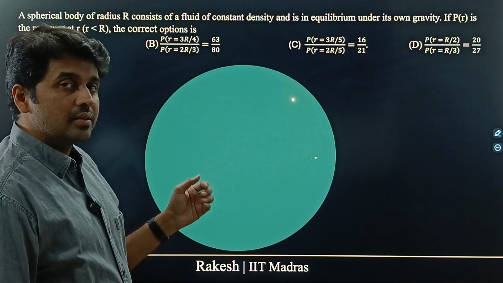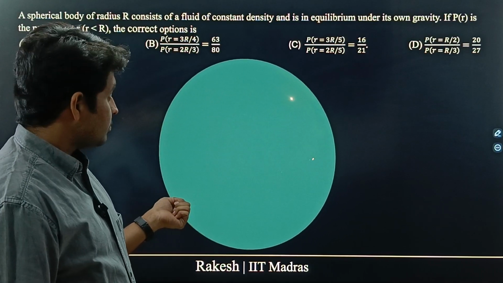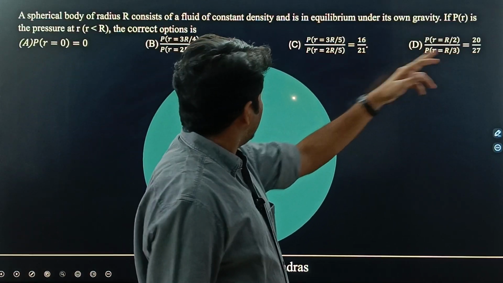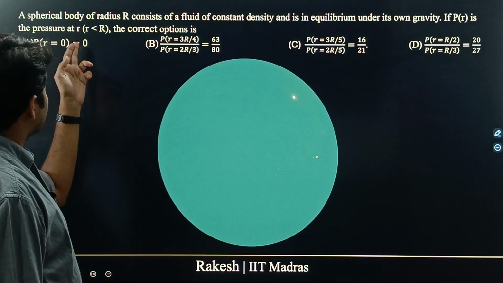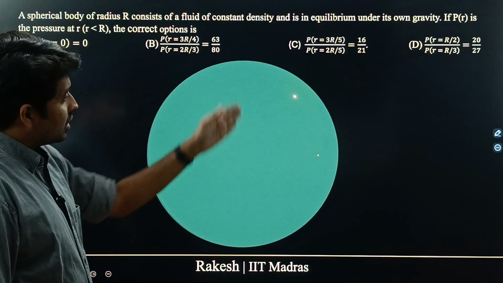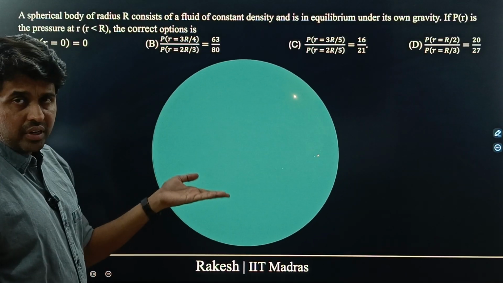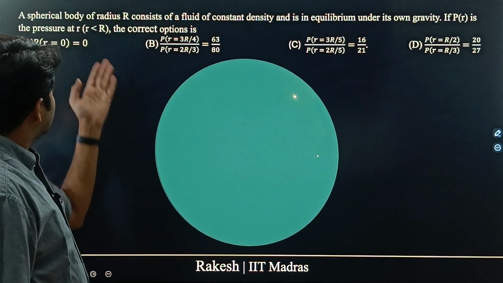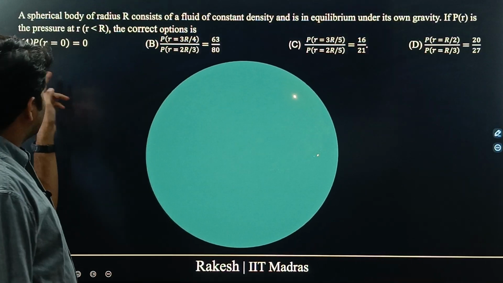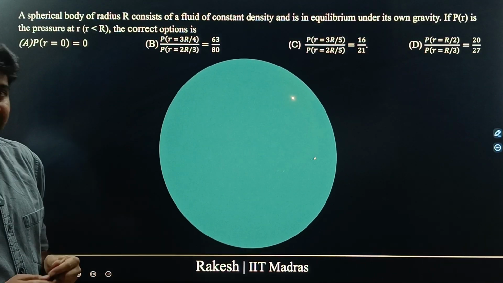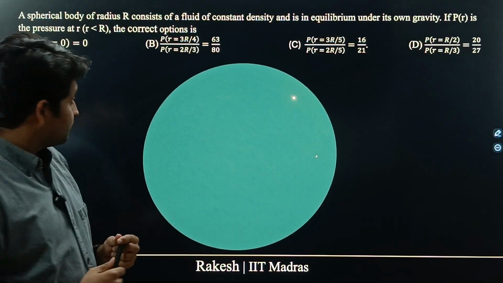You can think of it like a planet of water. If P(r) is the pressure at r less than capital R, where capital R is the radius, at any point, the correct options are... So what is the ratio of pressures at different points?